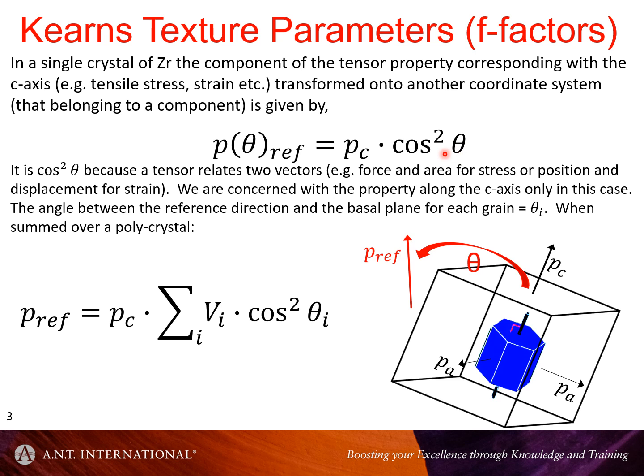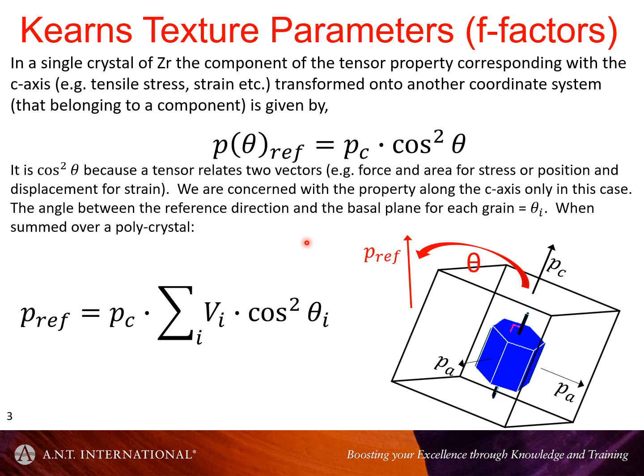It turns out that for a tensor property, if we're just thinking about the c-axis uniaxial tensor property, when it's resolved along a reference direction, which is in the component, it's simply the single crystal axis component property times cos squared theta, where theta is the angle between the c-axis and the direction of interest.